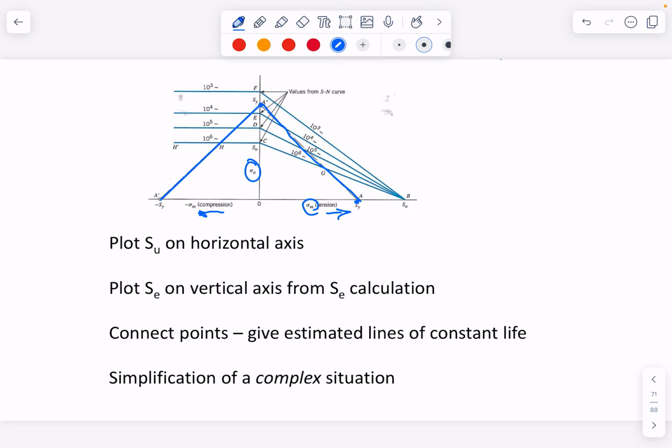We have here a number of different numbers of cycles before failure, and they will influence what load we can put on things. For an awful lot of stuff we do in engineering, you really are looking for an infinite life, 1,000,000+ cycles.